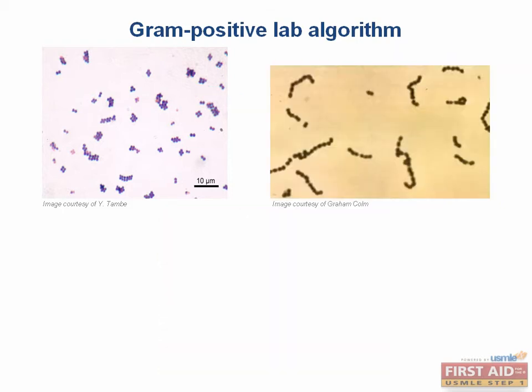Let's say that we see a purple-blue cocci-shaped gram-positive organism. This means that there are only 2 possibilities for the organism that we are dealing with: Staphylococcus or Streptococcus. It's easy to differentiate the two. Staphylococcus will present in clusters and will produce catalase.